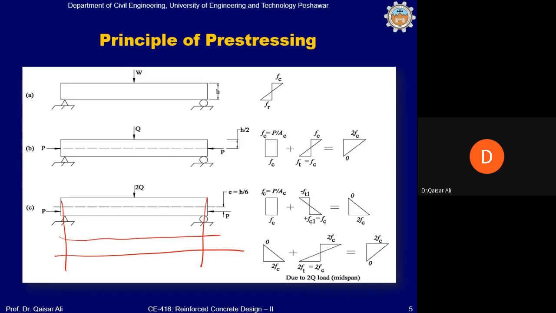However, the bending moment due to the load 2Q will still be in a triangular shape like this.